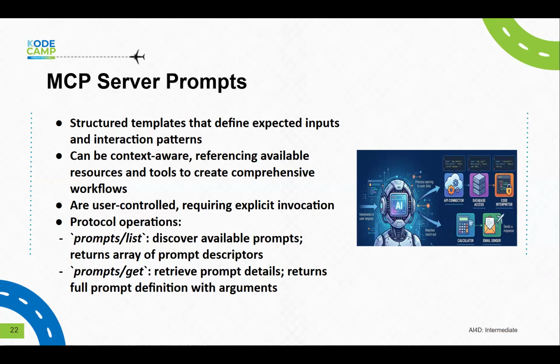Now, the protocol operations on MCP server prompts include prompt discovery, where you run the prompts list operation, and it returns an array of the prompt descriptors of the prompts that are available on that server, and then prompts get will retrieve the details of a specific prompt. So it just returns the full prompt definition with arguments.